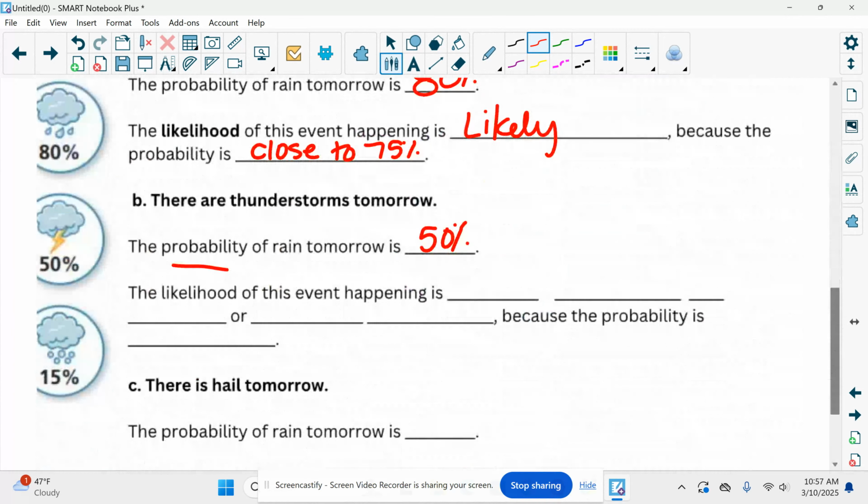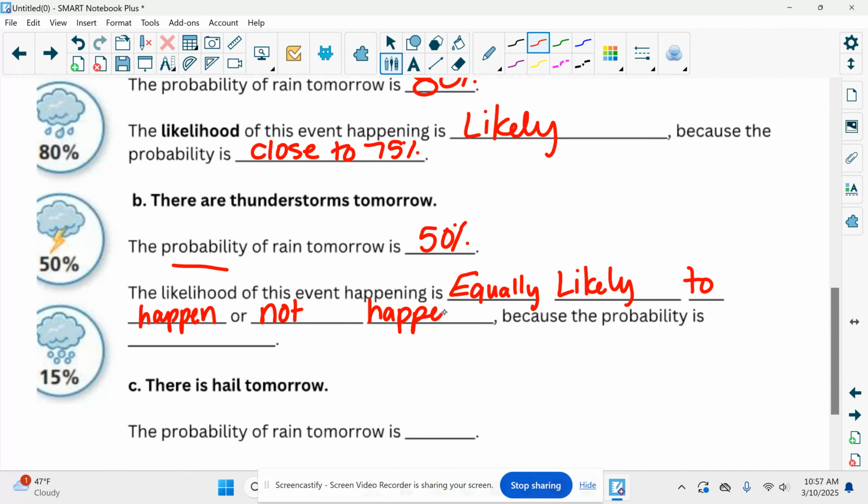There's an equal chance that it will happen and that it won't happen, because the probability is 50%. It's a 50-50 chance. It's got just enough chance to thunderstorm versus just enough chance not to.